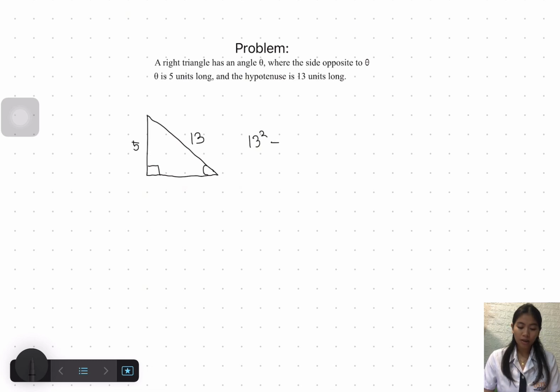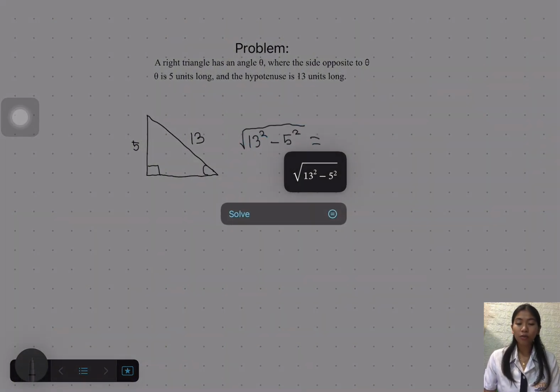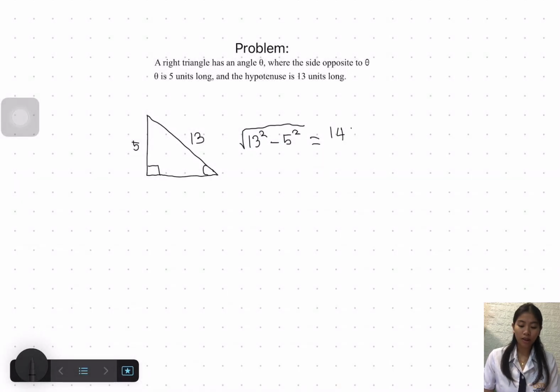So the missing side is the adjacent. We are going to use the Pythagorean theorem, which is a squared plus b squared. But instead of plus, we are using minus because we are finding the adjacent. If we are going to find the hypotenuse, we are going to use the plus. So our adjacent here is 12.